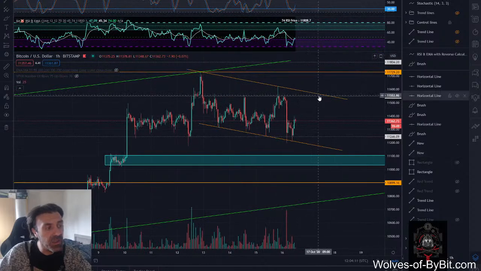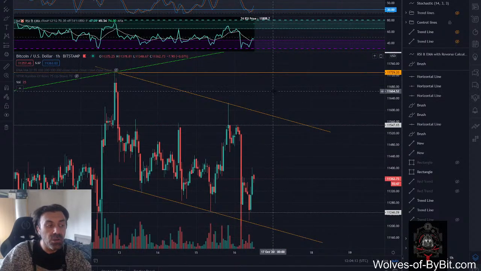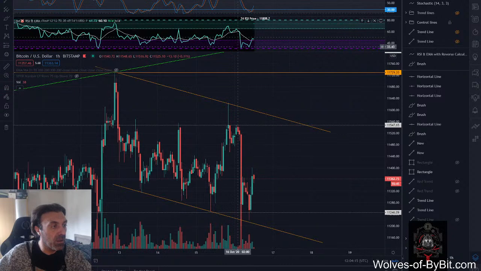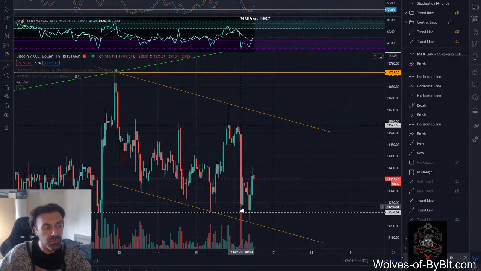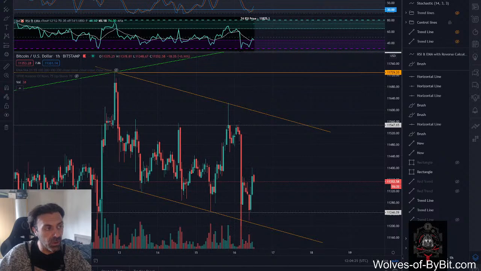RSI on the really low time frame. We did see here a lower low. This is a higher low compared to this one. So we have low, higher low, low, lower low.